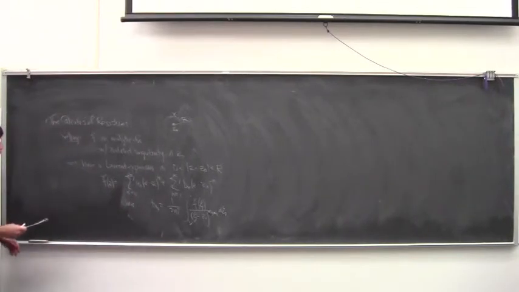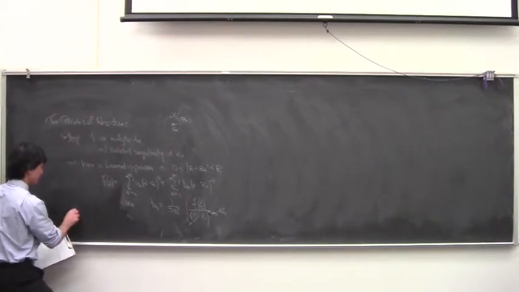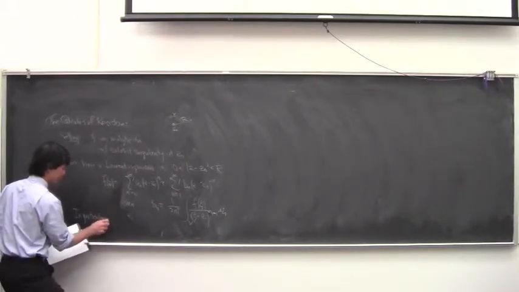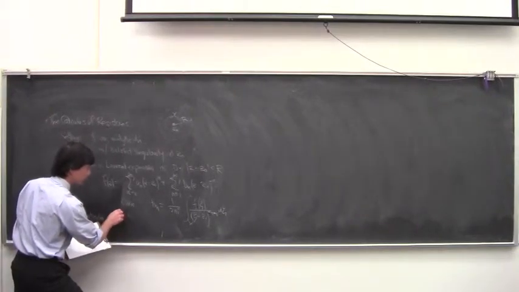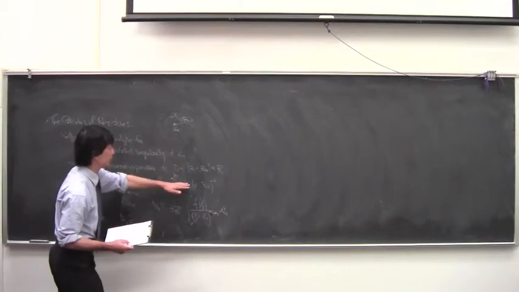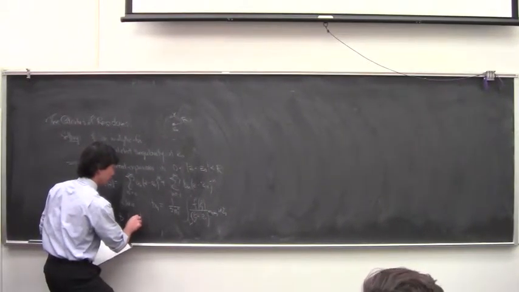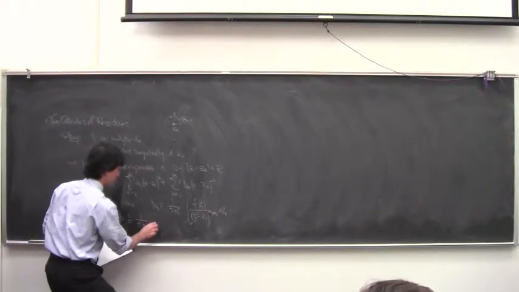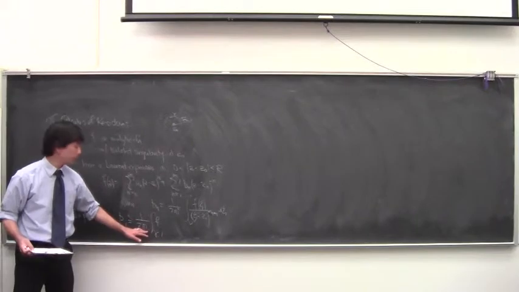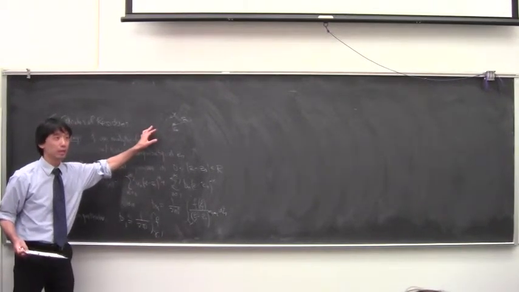And in particular, b1, the one associated with the negative 1 power, is just 1 over 2 pi i times the integral of f around that path.